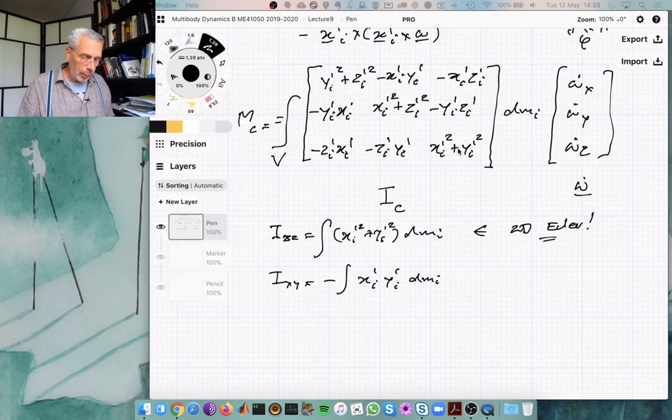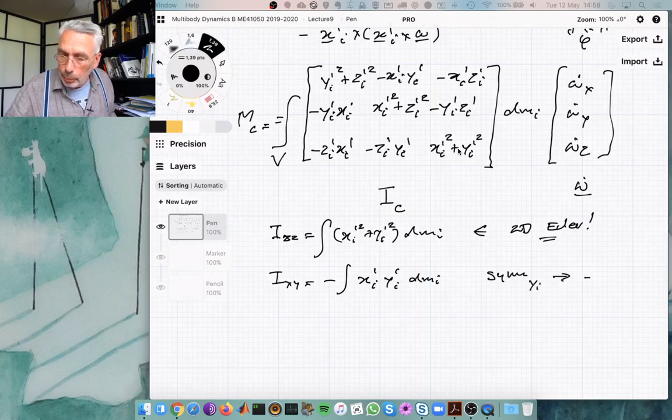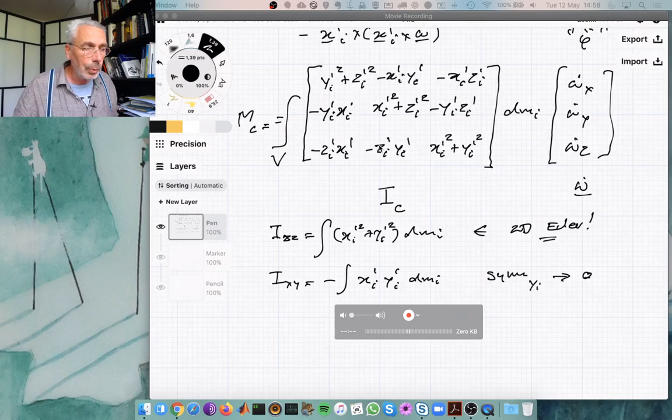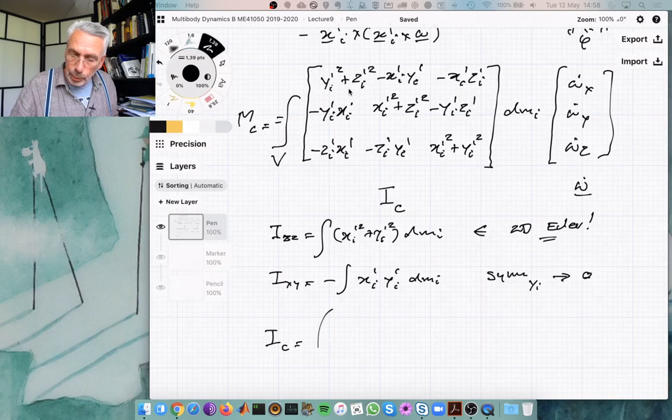And of course, when the body is symmetric, then these terms go away. So in a symmetric case, if there's a symmetry with respect to yi, then this term will go to 0. If you have two symmetries in a body, then all these off-diagonal terms will go away. So in general, the mass moment of inertia matrix has this form: Ixx, Ixy, and Ixz.